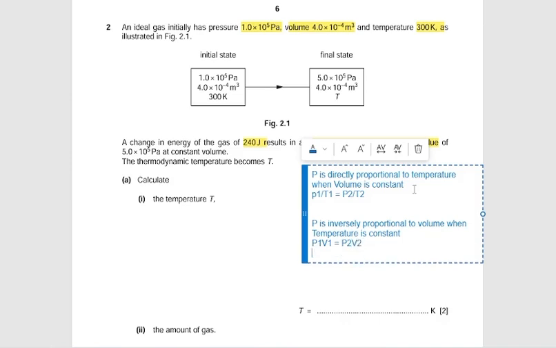And we can also say that volume is directly proportional to temperature when pressure is constant. And from that we can say V1 over T1.